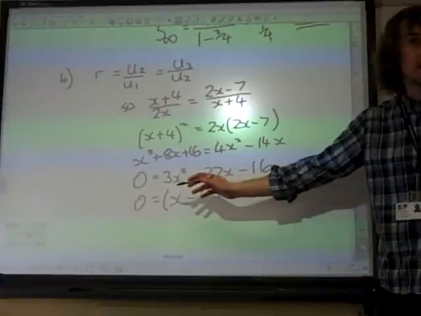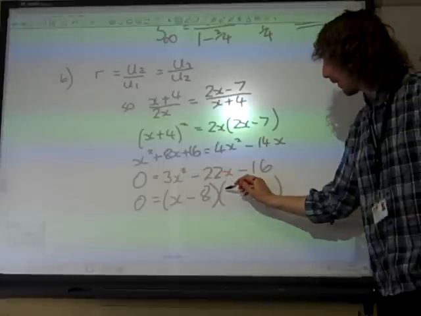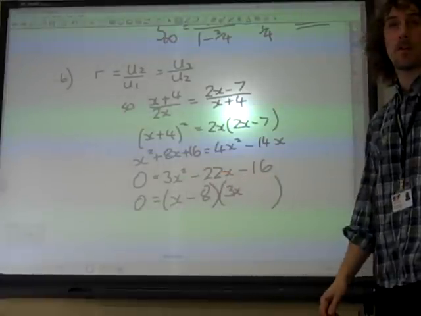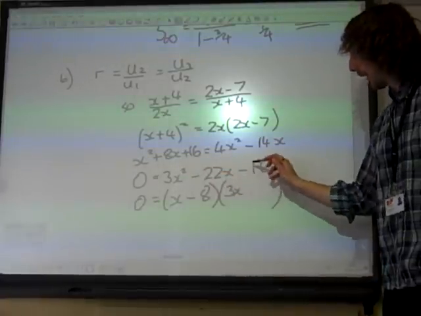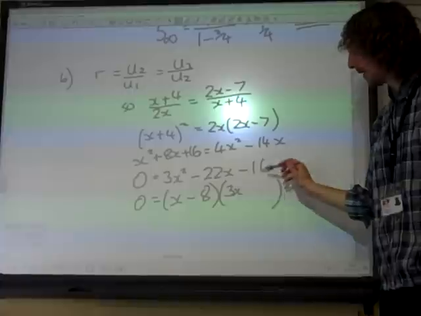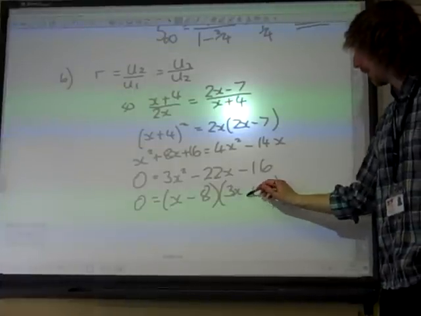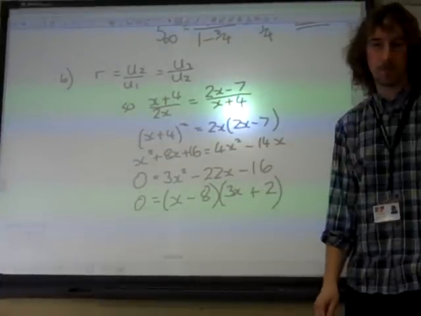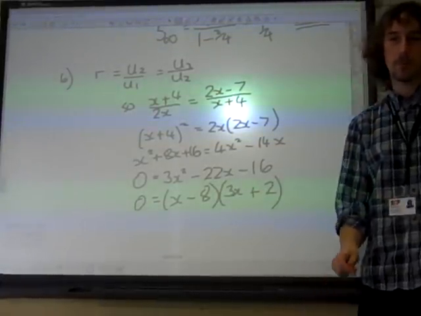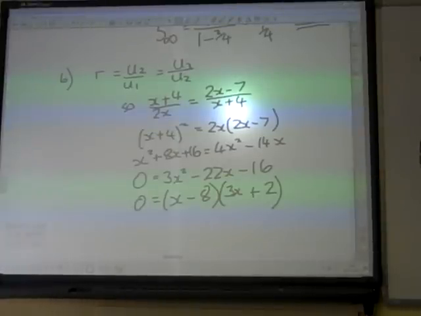So if x minus 8 is one of the brackets, we must have a 3x at the start to make the 3x squared. To get minus 16, we have minus 8 times, that has to be plus 2. So that must be the other bracket.